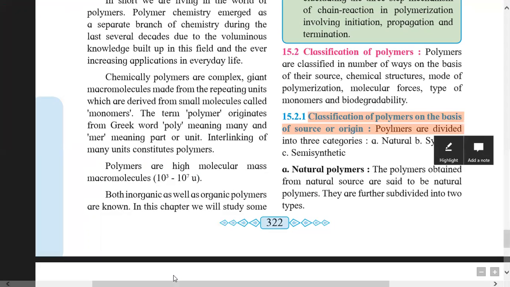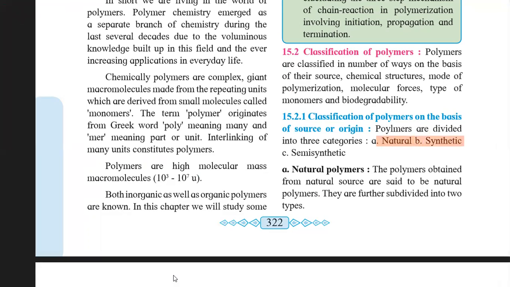So on the basis of origin, these polymers are classified into three categories. One is natural, second is synthetic, and third type is semi-synthetic polymers.